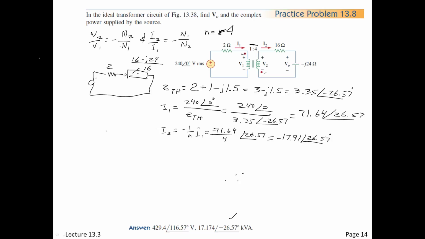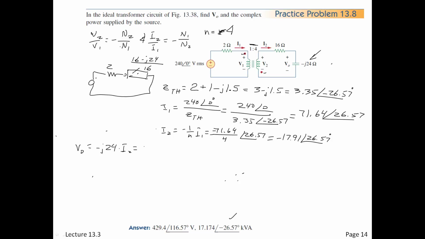Now the output voltage. Let's get over here where we've got some fresh paper. The output voltage is going to be, what have we got? We're back to the original circuit. We need the output voltage right here. So that original circuit is minus j24 times I2.